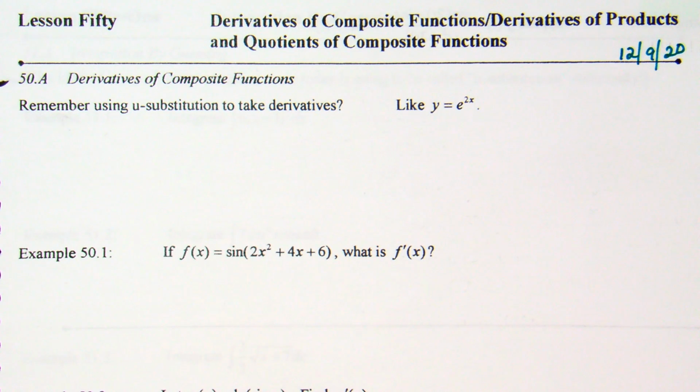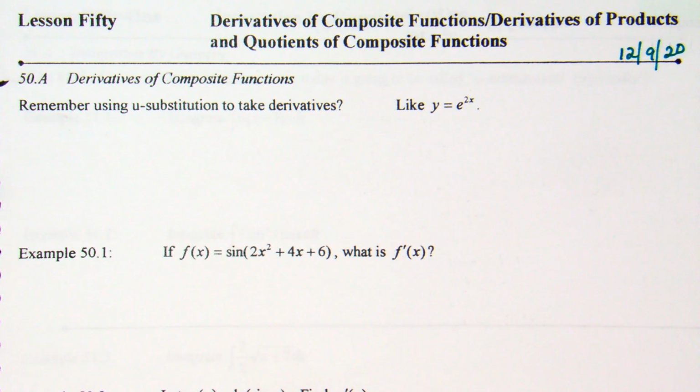Okay, so as we look at our first example here, derivatives of composite functions. When we first start off with this, we talked a little bit about U substitution, and that's what we're going to start off with today. When we have something like e to the 2x, what's the base function there that you'd be taking the derivative of?